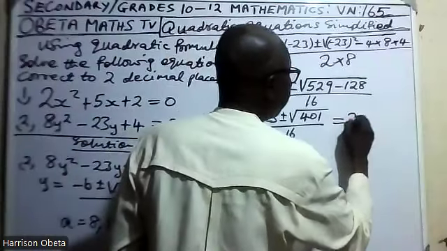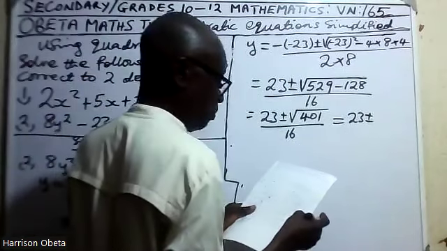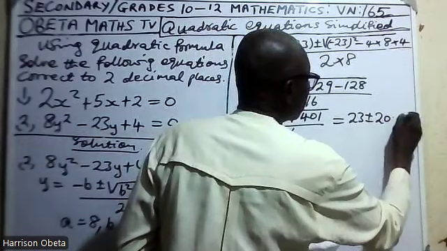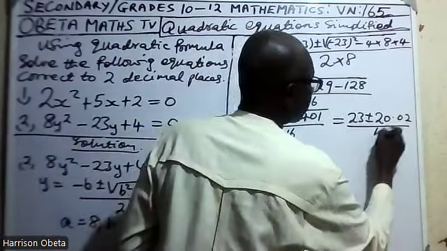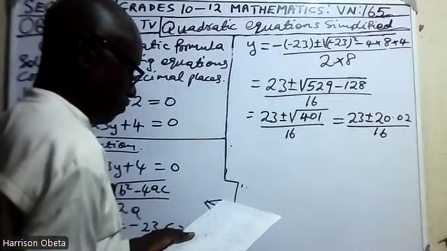Which will give us 23 plus or minus 20.02 all over 16. So remember, that means we have two values there.